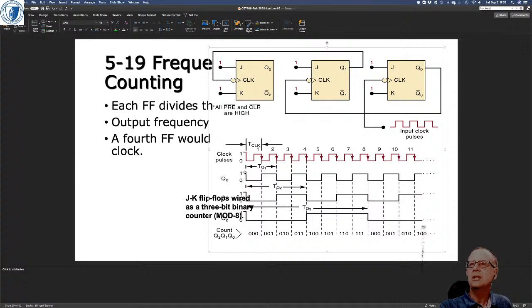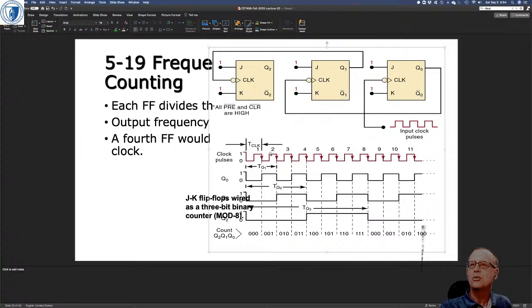So if initially Q was 1, and that is actually a negative going transition as well, then the toggle operation makes it go 0, 1, 0, 1, 0, 1. So you can see immediately that for 2 clock pulses, there's 1 Q naught pulse, right?